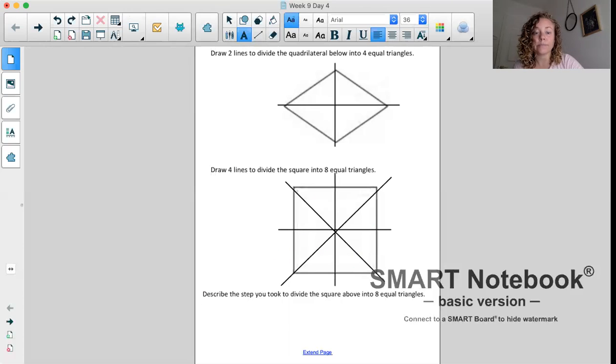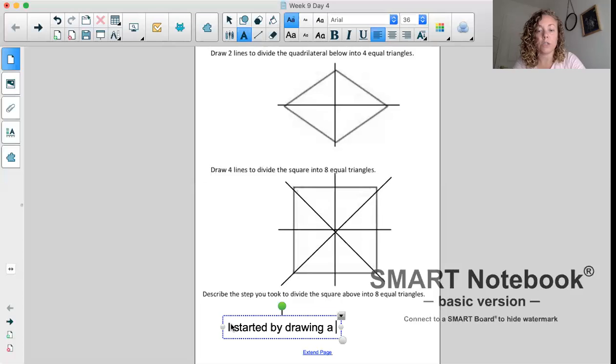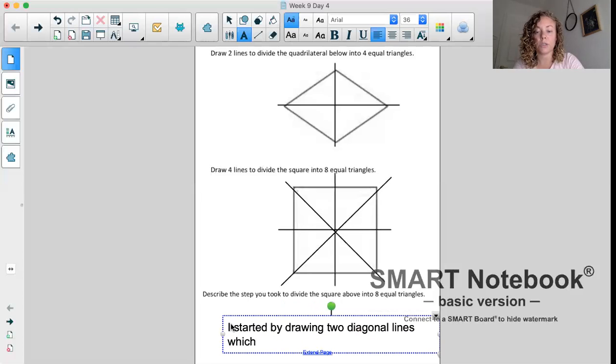Describe the steps you took to divide the square into 8 equal triangles. So you can say, I started by drawing, what are they called? Diagonal. Drawing 2 diagonal lines, which made, we did that, 4 triangles.